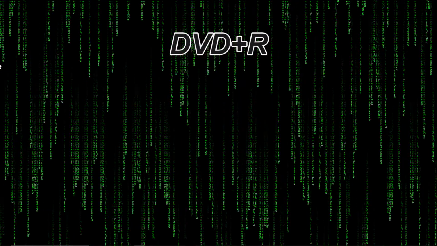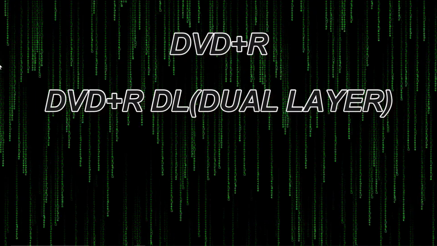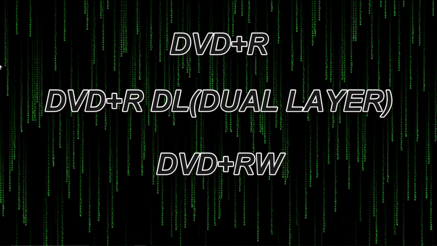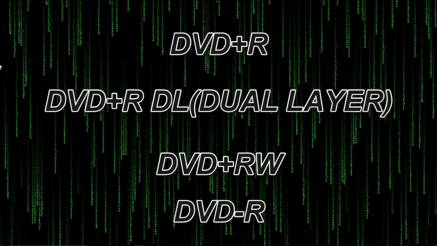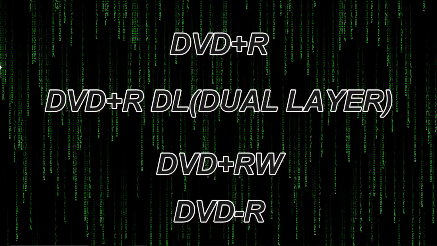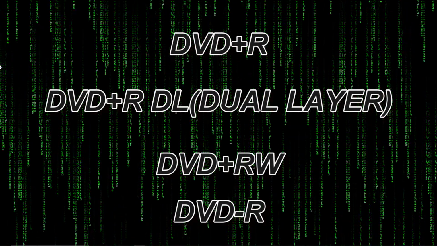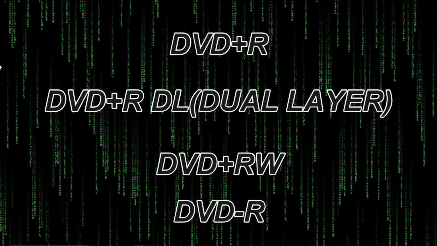These 4 types are DVD plus R, DVD plus R DL or dual layer, DVD plus RW, and DVD minus R. Each of these media types can hold either video and or data, but only one of these will work in a DVD player that's connected to your television.